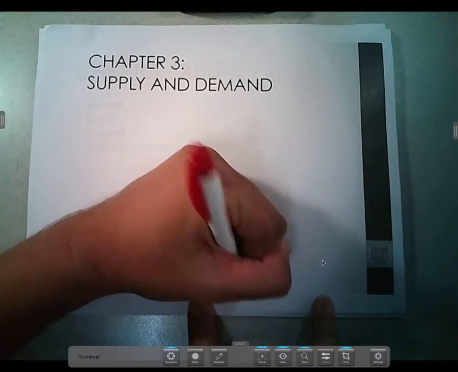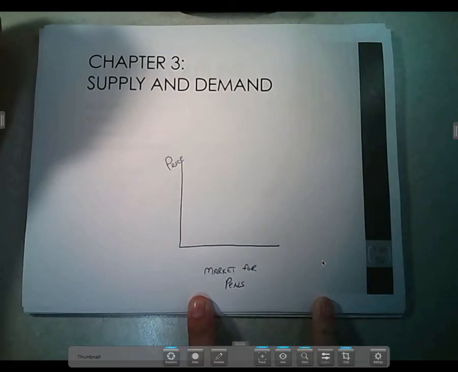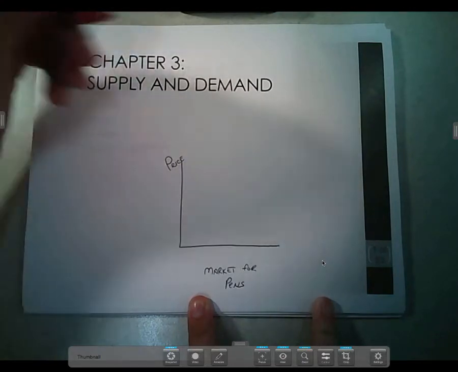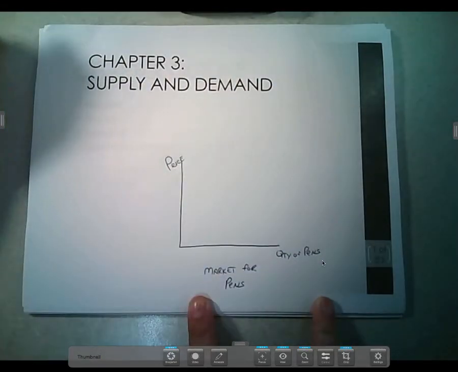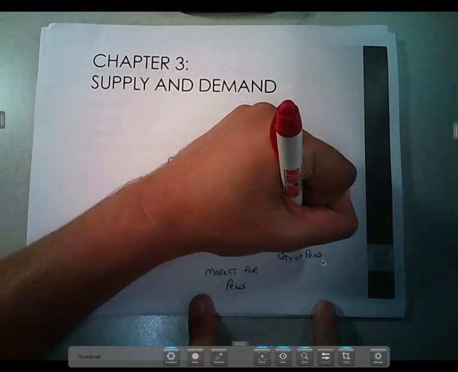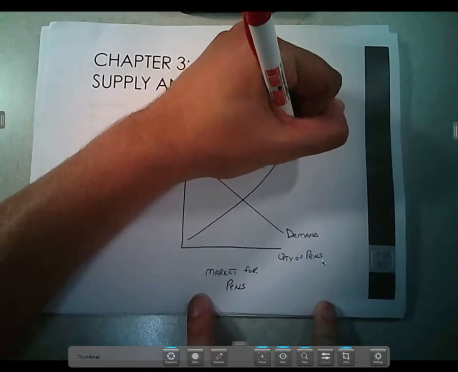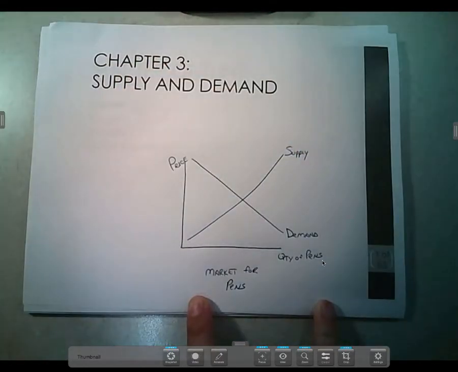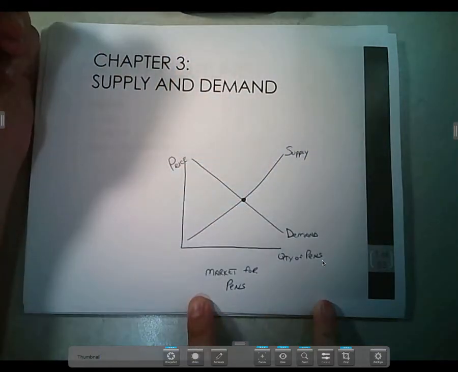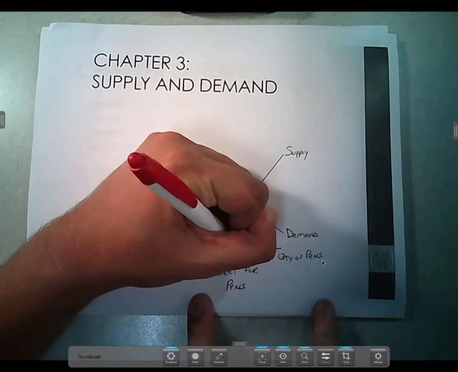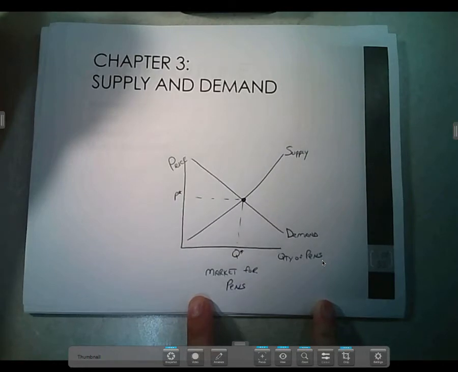market. Let's say it's a market for pens, where I put the price of pens on the y-axis, the quantity of pens on the x-axis, and we talk about the demand curve being downward sloping and the supply curve being upward sloping, and that there's a point where they meet in this market that gives us a price and quantity that's known as the equilibrium price and quantity.